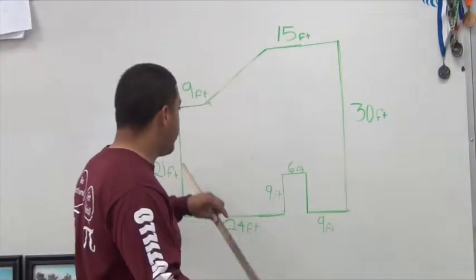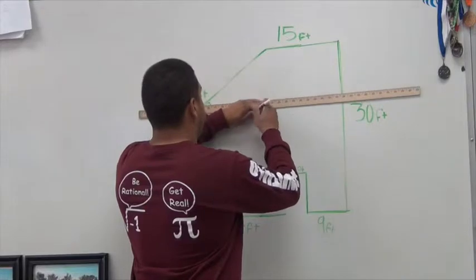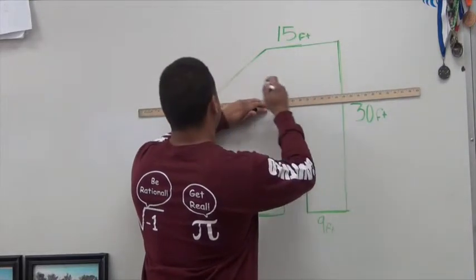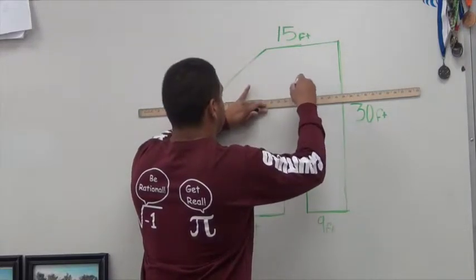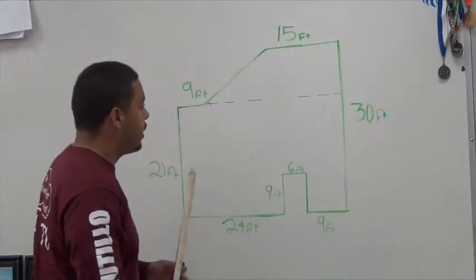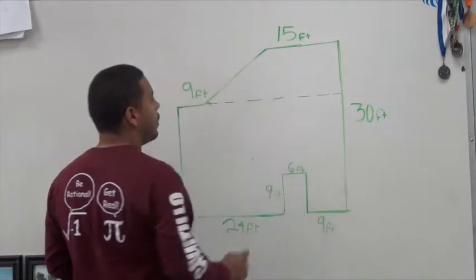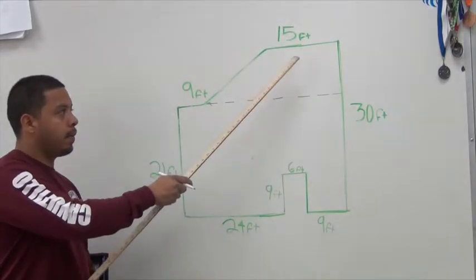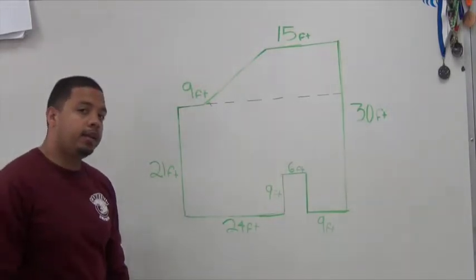So what I'm going to do is cut this figure up. I'm going to try to make this as straight as possible. Now, if you notice, what type of shape is that? Anybody have an idea?